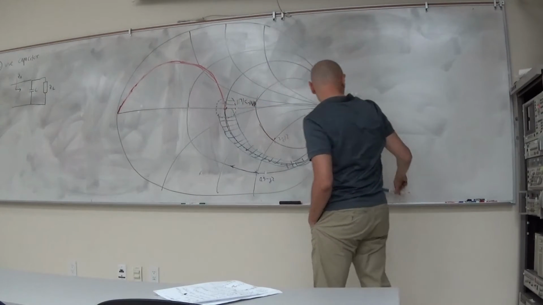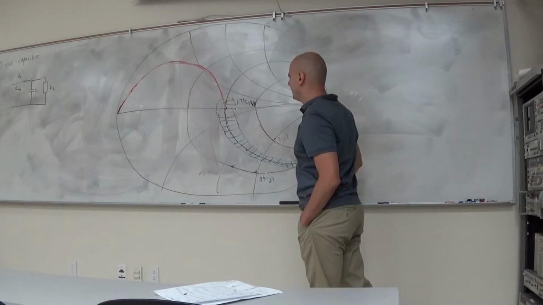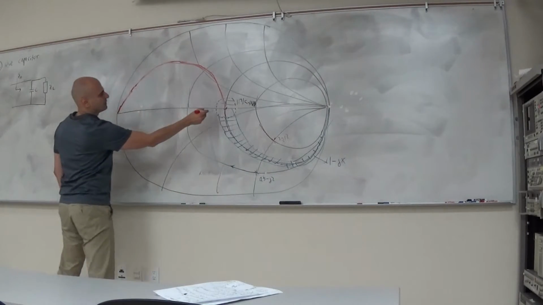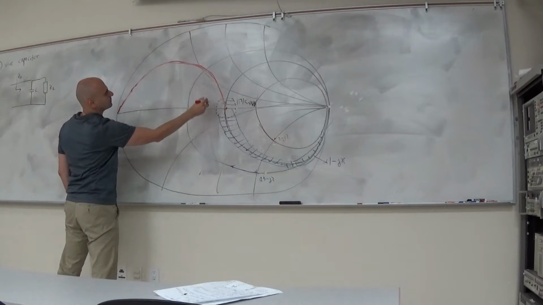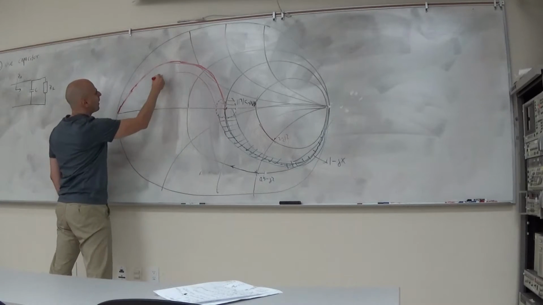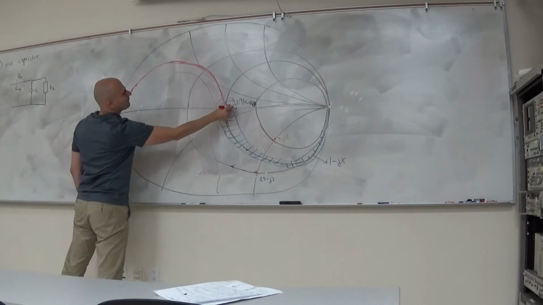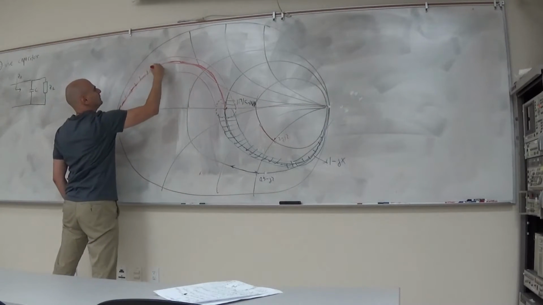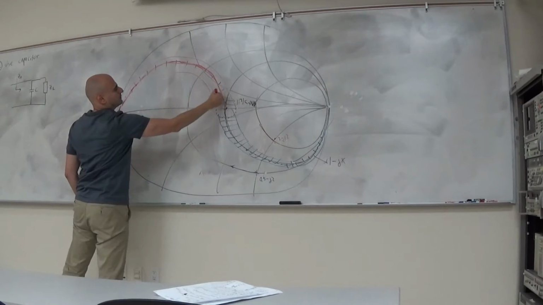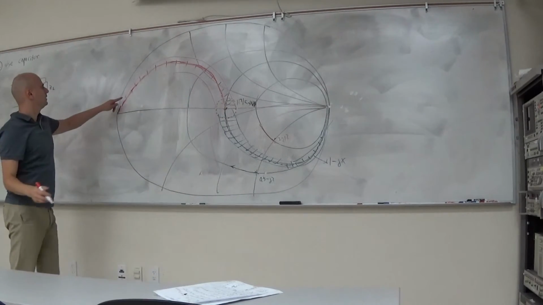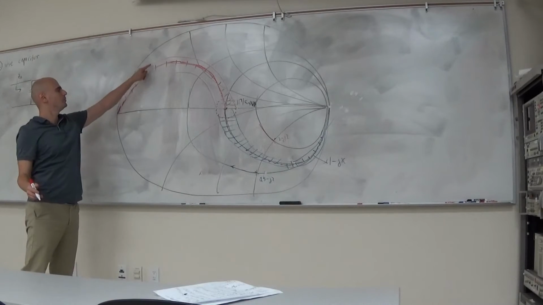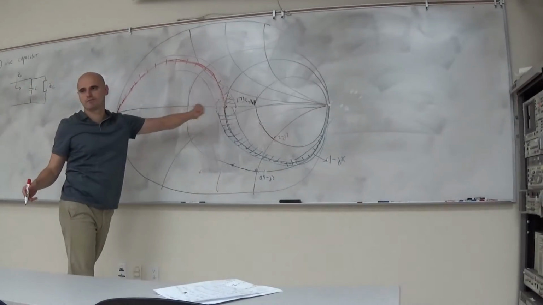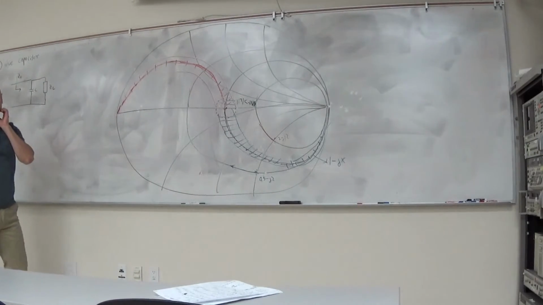And the same thing for my ZL where I'm using a capacitor to match. It's again a region. So if I have a ZL anywhere here, I can match it to within my specified criteria.